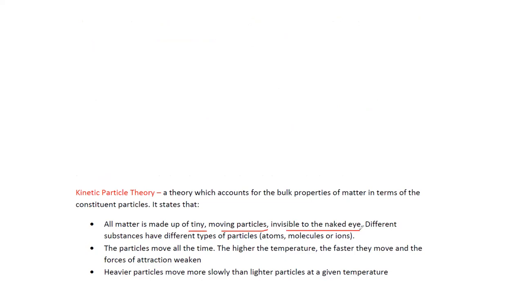You cannot see with your eye. Different substances have different particles such as atoms, molecules, or ions. So everything is made up of particles, and these tiny particles can be termed as atoms, molecules, or ions.